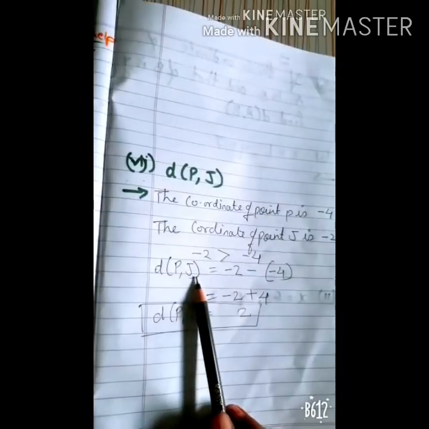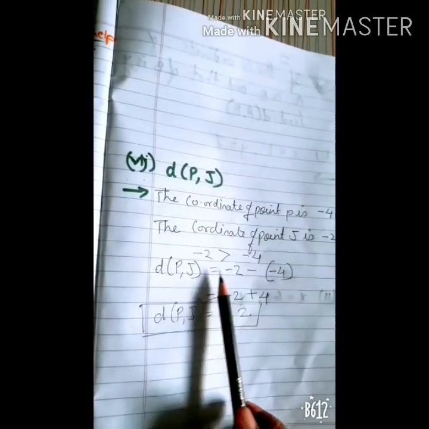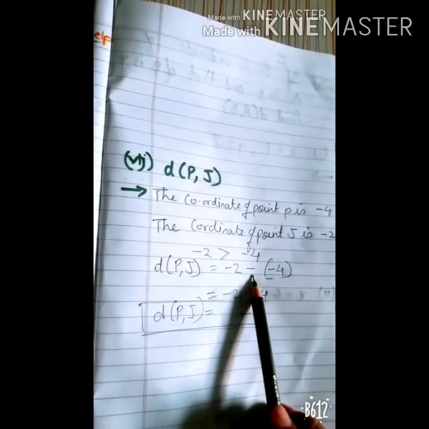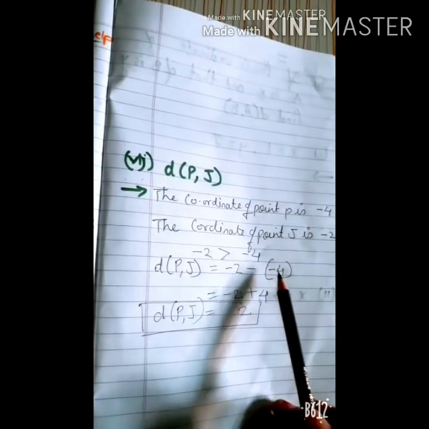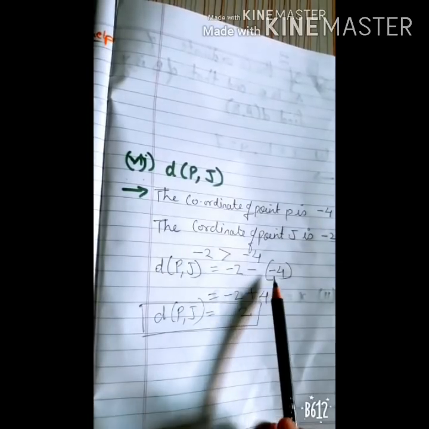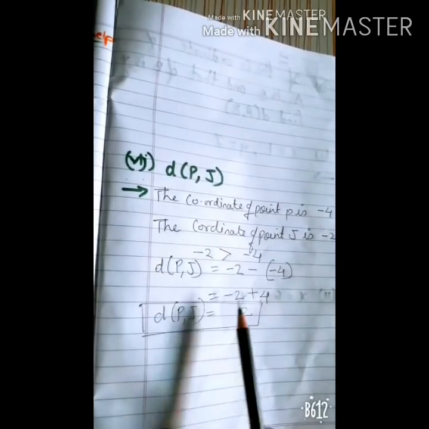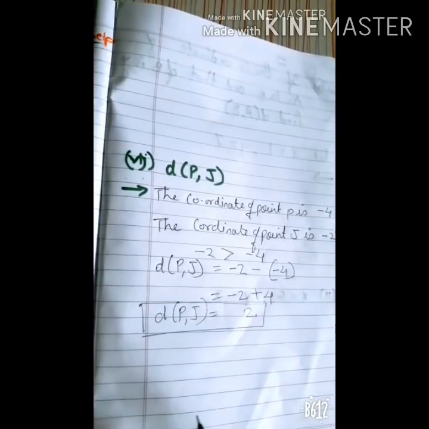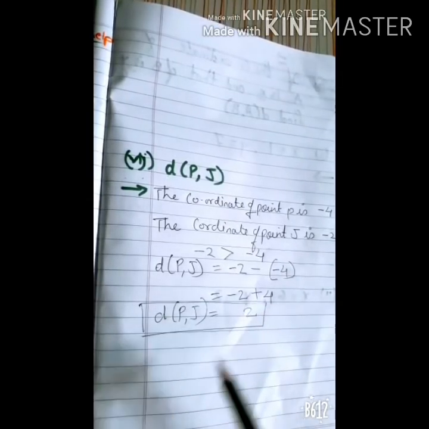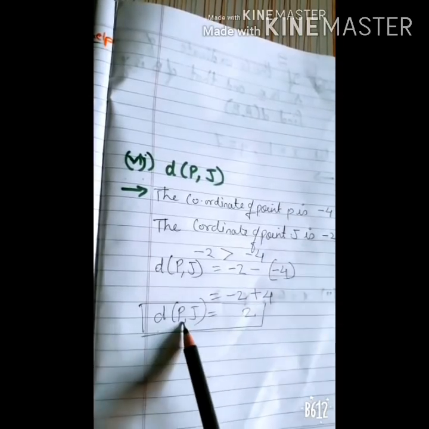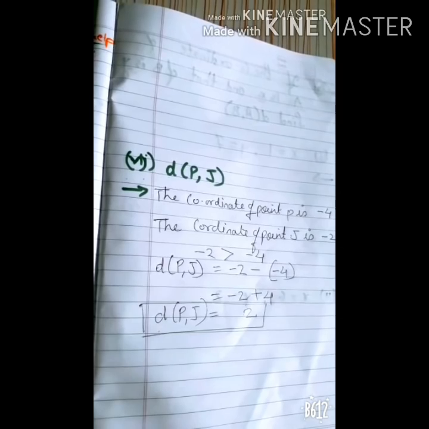So first we take the bigger number, minus 2, minus the smaller number, minus 4: minus 2 minus minus 4 is minus 2 plus 4, which is 2. Therefore, the distance between the points P and J is 2.